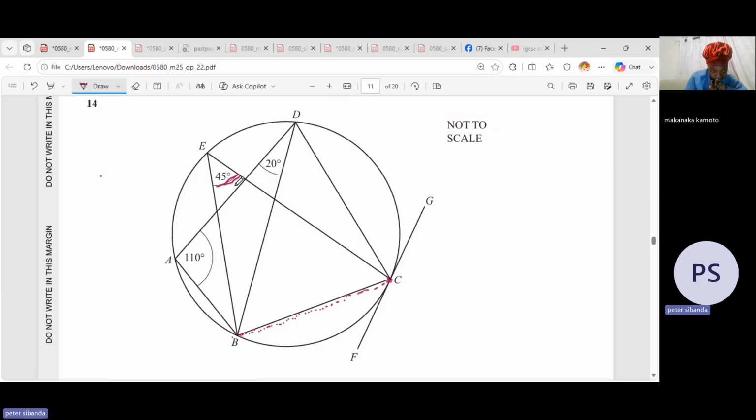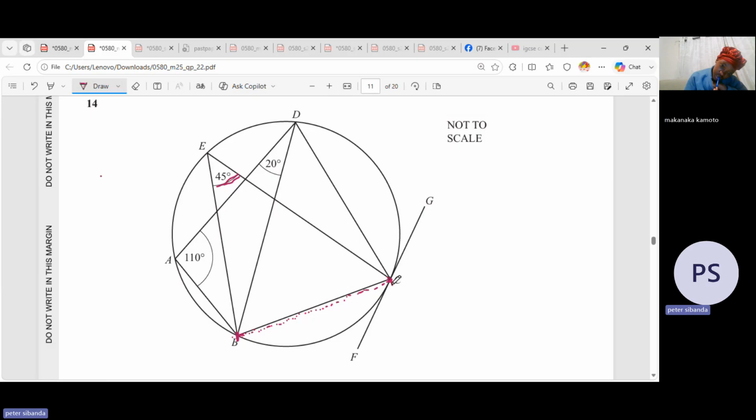That's correct. But because we have a law that says angles subtended by the same chord at the circumference in the same segment are equal, could you find another angle subtended by that same chord? So we know it is also 45. Can you find it? This chord ends here.